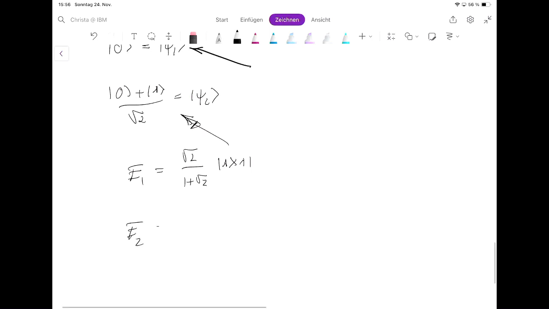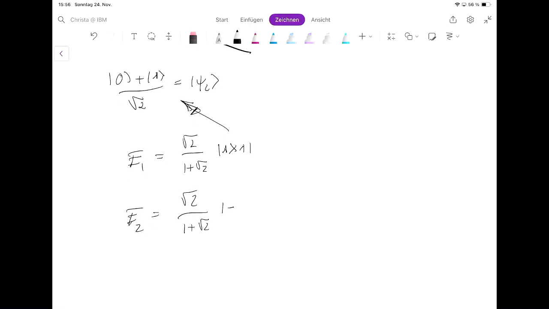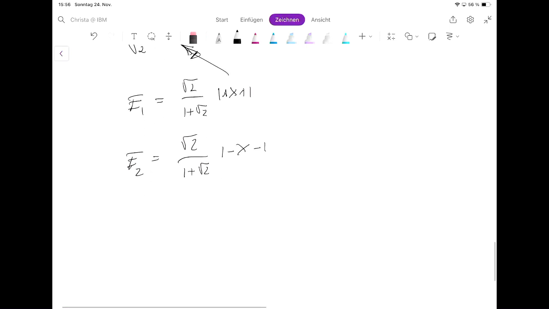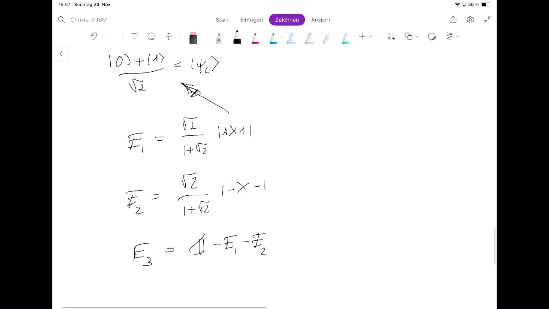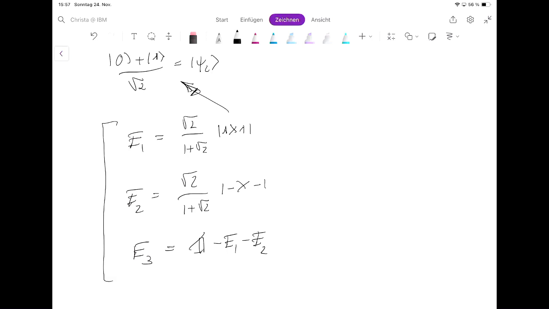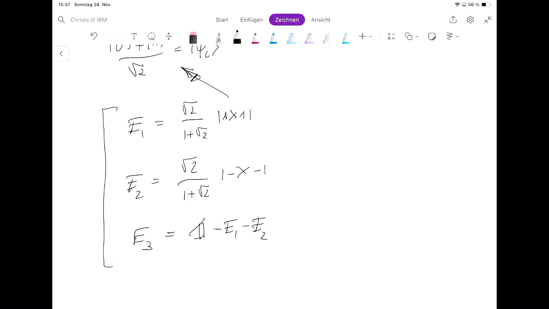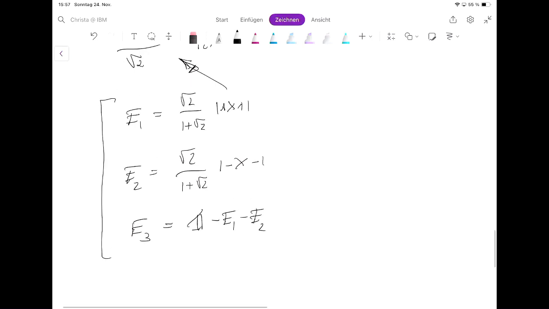The other one is this, a projector on minus, and then there is a third one, which is the complement to the identity to these 3. Now these 3 elements form a POVM because they are positive operators and they sum to the identity. I ensure that by defining E3, and they can give you unambiguous state discrimination simultaneously on both states.